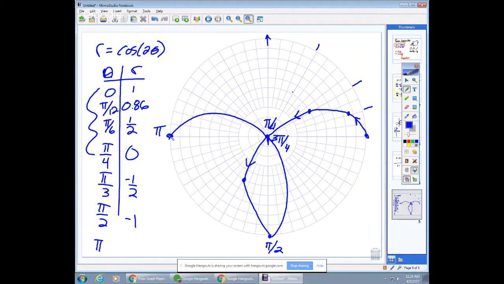Okay. So how much of the flower have I filled out up to pi? A half. So what do you think the period is going to be here? Yeah, the period is going to be 2 pi, is what we'll find. So 5 pi over 4 will take us back to the origin, and then 3 pi over 2 will take us up to the top here.